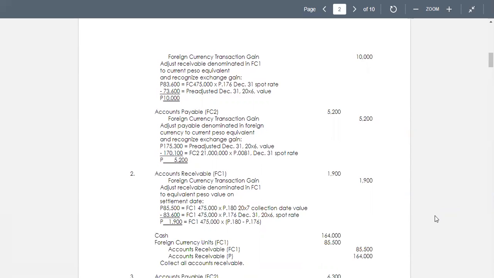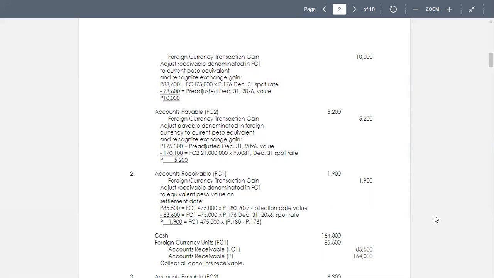There's a difference equal to 0.004. And you multiply that by 475. So 475 times 0.004 is equal to 1,900. The additional debit to accounts receivable.